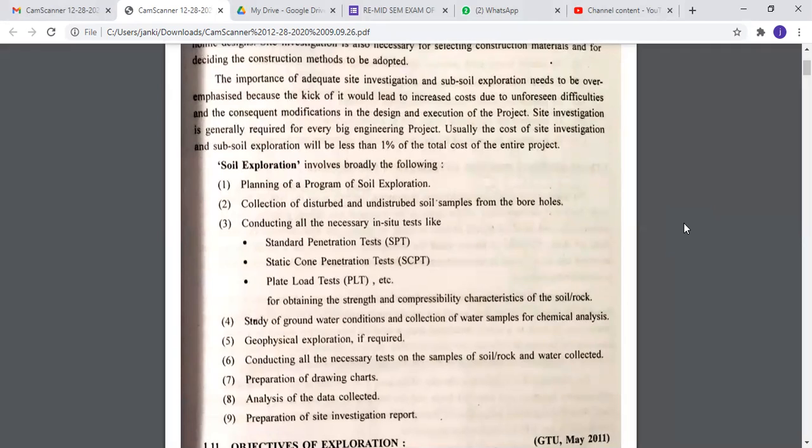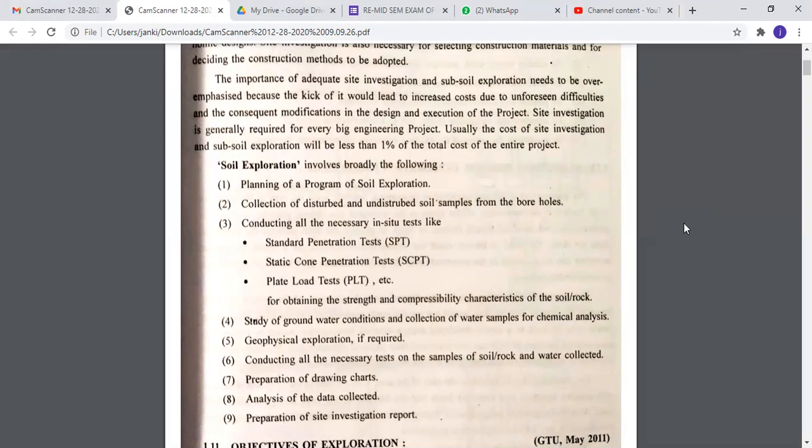Next is the study of groundwater conditions and collection of water samples for chemical analysis, right? If we construct a building, we need a foundation, and a foundation is provided below the ground level.